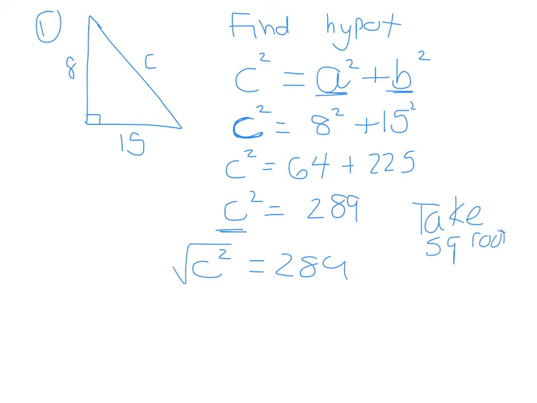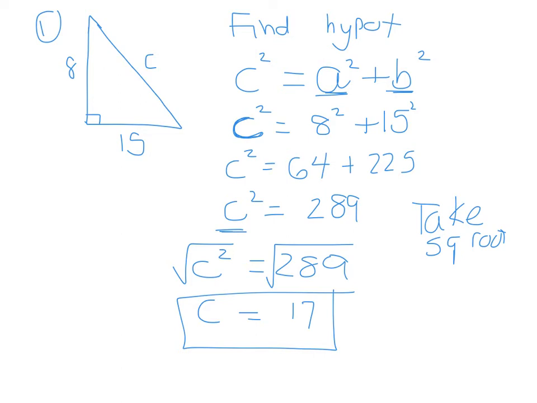So I'm taking the square root here and the square root here. And the square root of C squared is just plain C. The square root of 289 happens to be a perfect square, and it is 17. So if you didn't know that, you need to be familiar with the perfect squares to do that. But if you didn't know it, you're going to have to experiment with it until you find that it is 17.